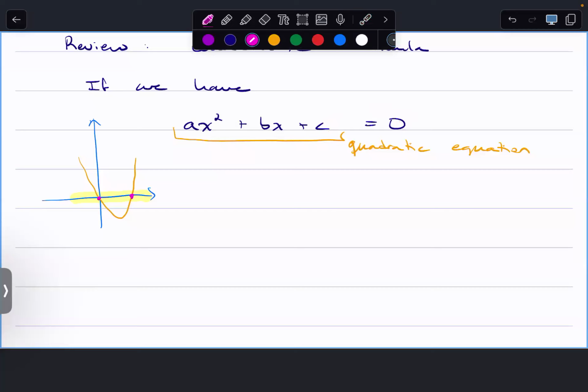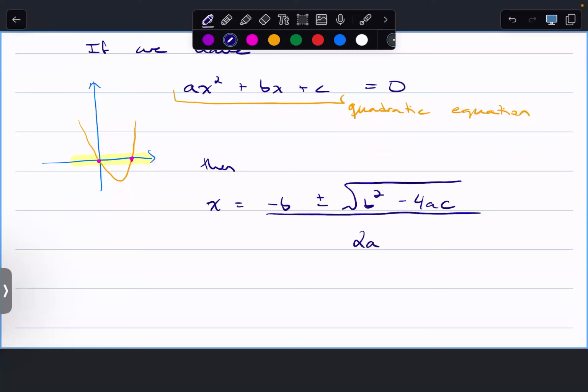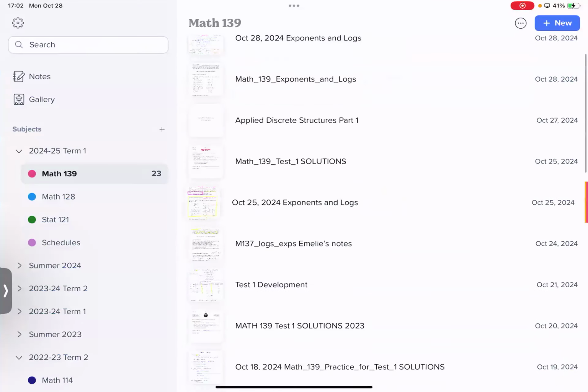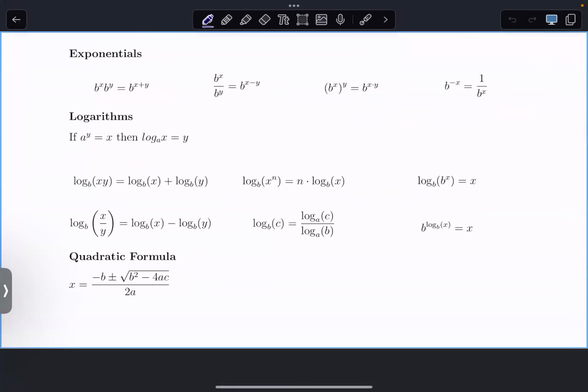And so if we have this, then x is going to be negative b plus minus the square root of b squared minus 4ac over 2a. Probably rings a bell, hopefully. It is on your formula sheet.